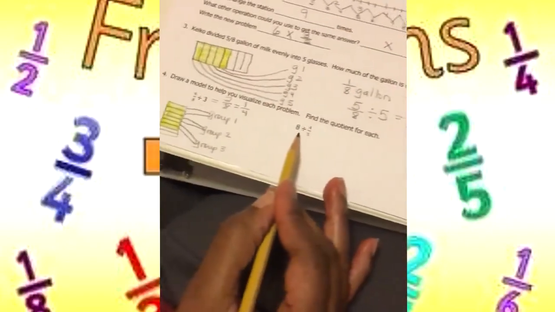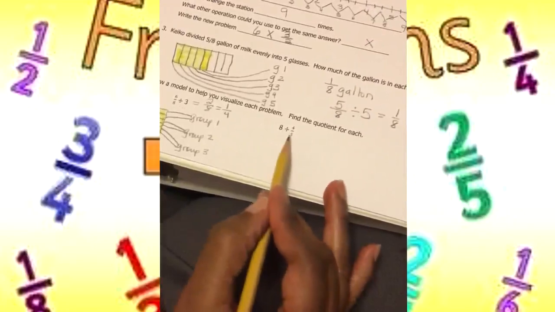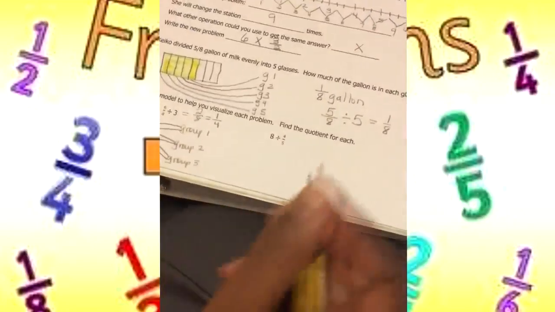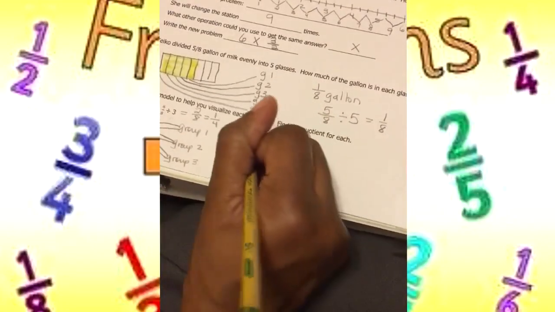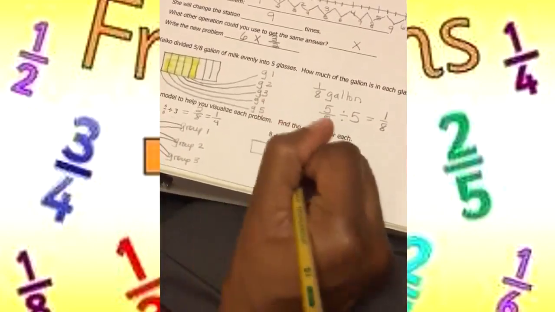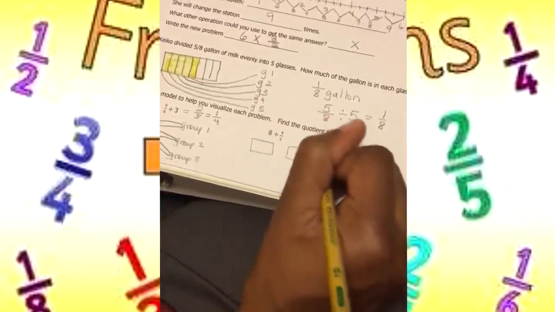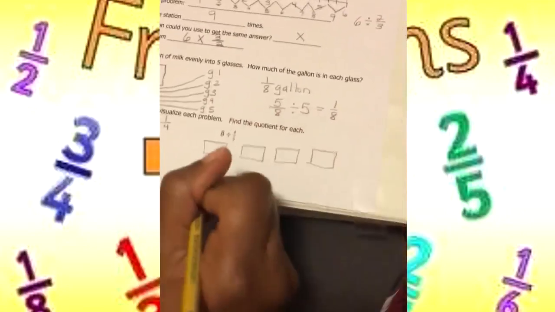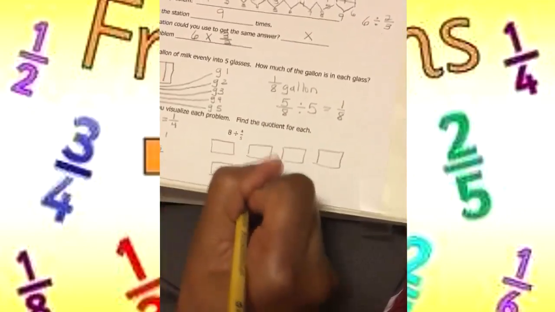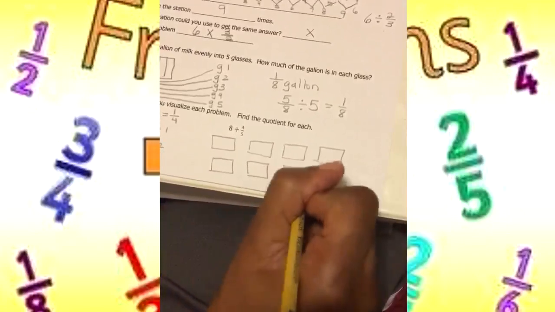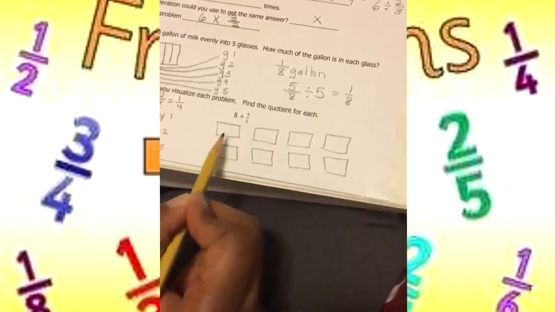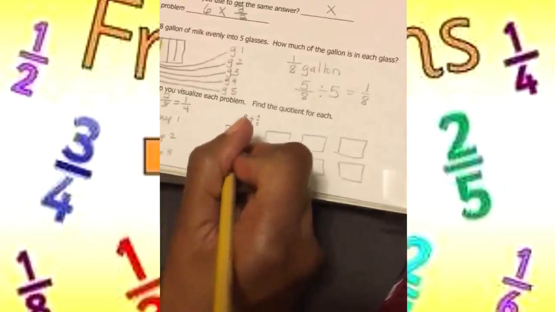This time I'm starting with 8 things, and I want to know how many groups can I get that contain 4/5. So I will start with my rectangles again. I'll start with 8 of them. There's 4, 7, and 8. So since I'm talking about fifths, I know that each of my rectangles has to have 5 equal pieces.